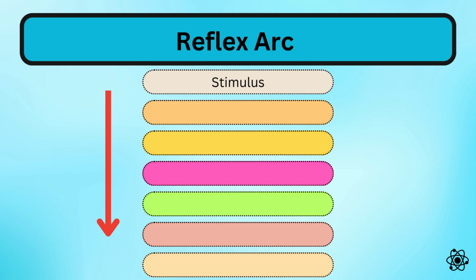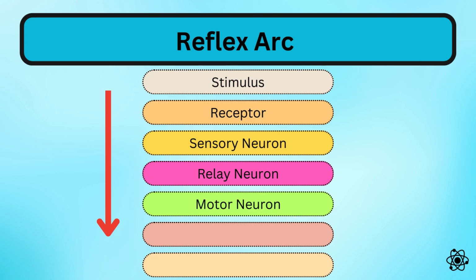Here is a simple diagram to show the reflex arc. The stimulus is detected by the receptor and converted into an electrical impulse. The electrical impulse travels along the sensory neuron. It then passes on to the relay neuron, which connects to the motor neuron, and the motor neuron carries the impulse to the effector, and the effector carries out the response.